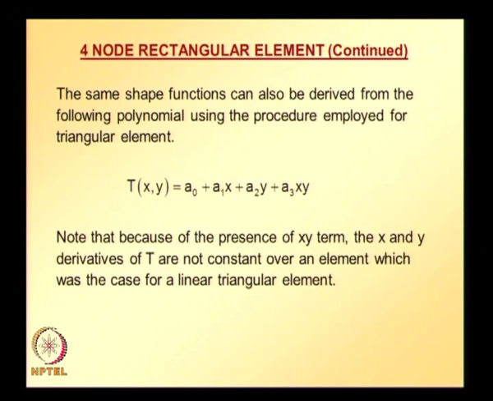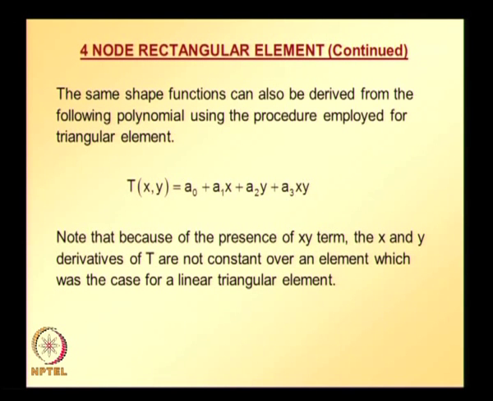If you recall, the derivatives of shape functions of a linear triangular element are constant, and also the derivatives of the field variable T are constant for a linear triangular element, because the polynomial that we used for deriving shape functions for the linear triangular element does not contain this xy term.